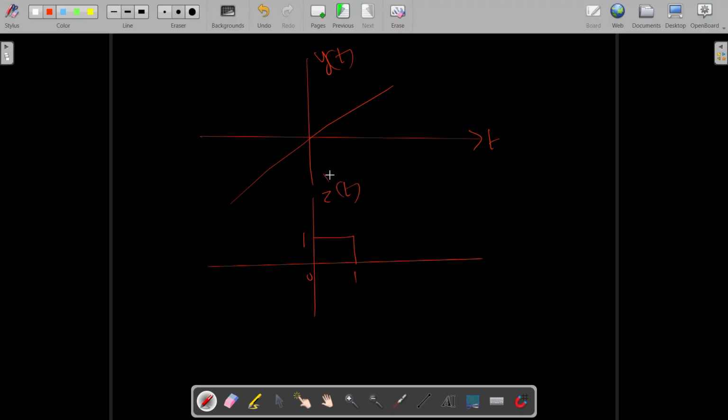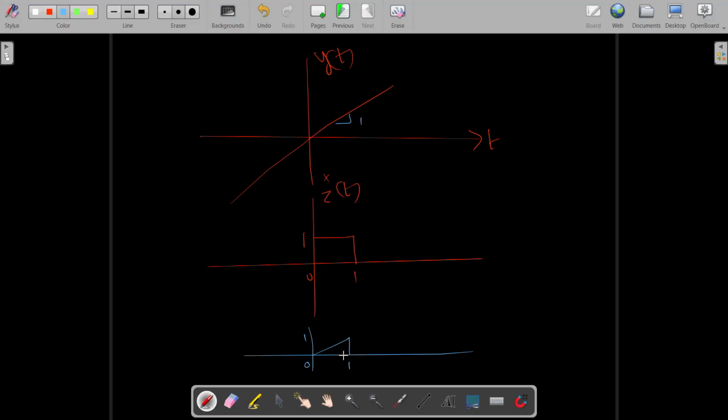If you multiply these two, what will be the output? This is 0. This is 1. So 1 into something is the same, right? The slope is 1, so therefore we are getting a triangle. Whenever we have a straight line passing through the origin, if you multiply with a pulse whose amplitude is 1, you are going to get the triangle.